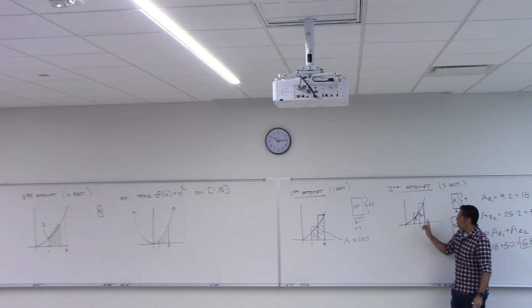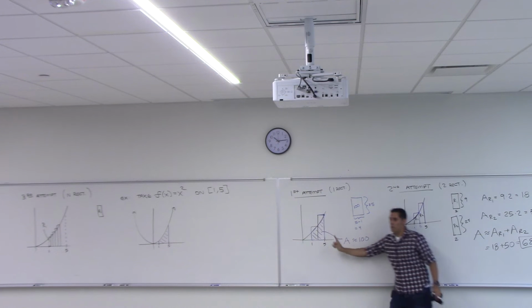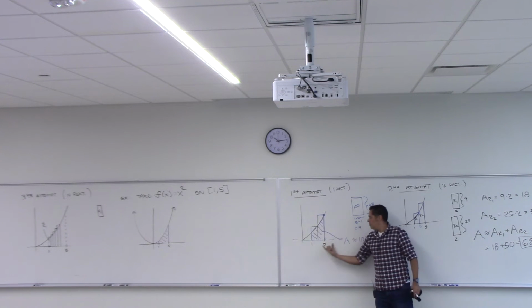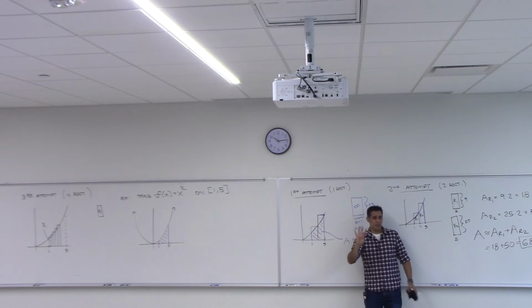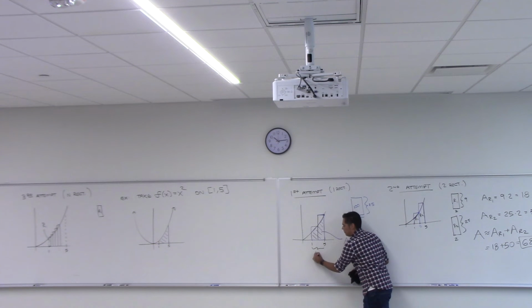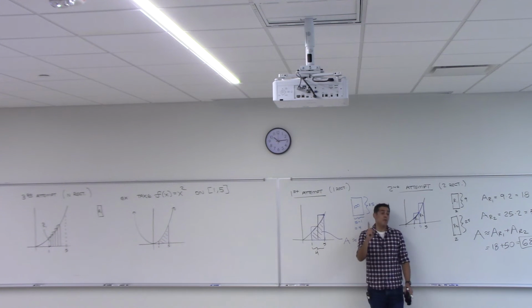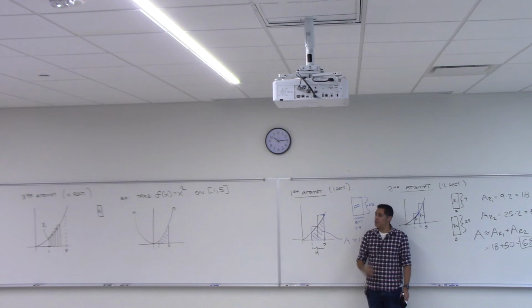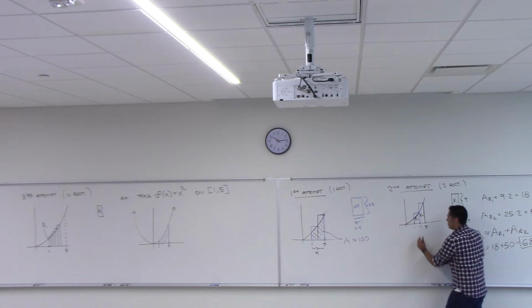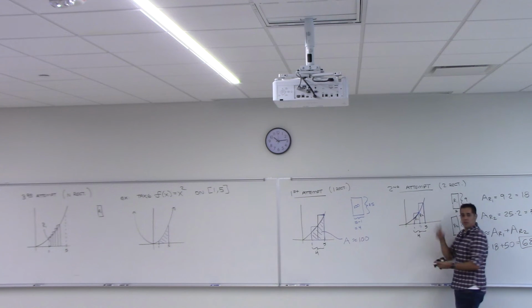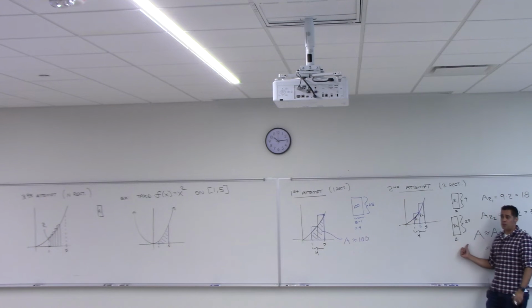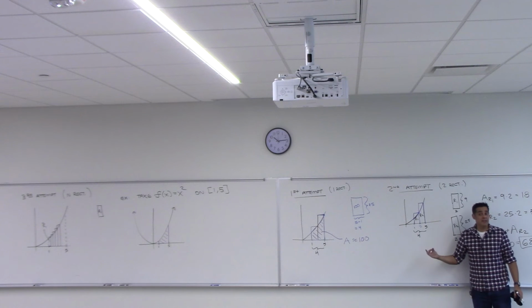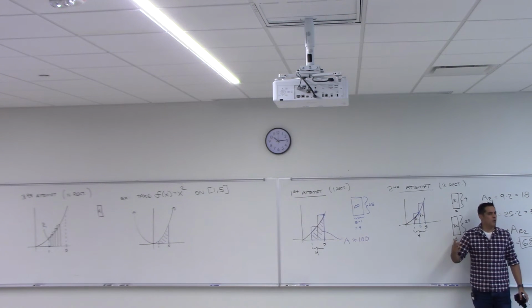So we had one rectangle here. The distance from here to here is 4, always. If we use 1 rectangle, then 4 divided by 1 is 4. If we do 2 rectangles, then 4 divided by 2 would be 2. If we have 3 rectangles, then 4 divided by 3 would be 4/3.